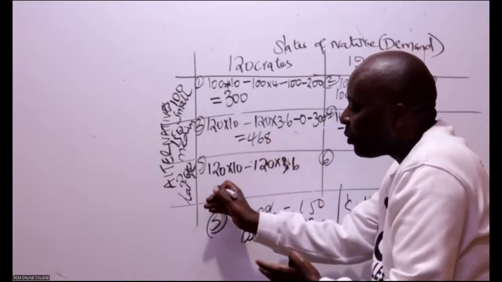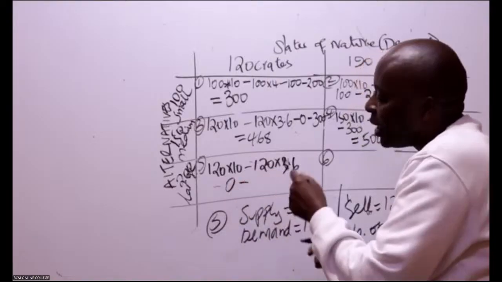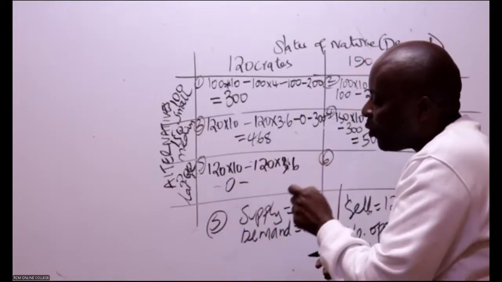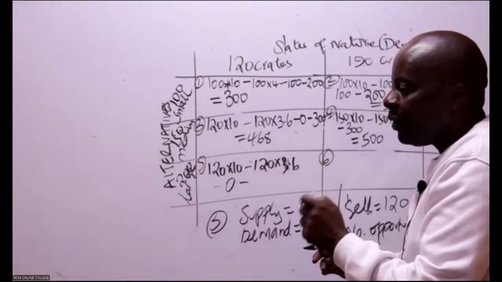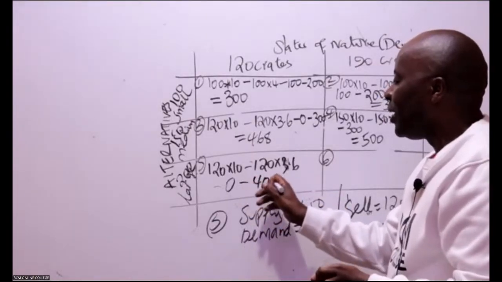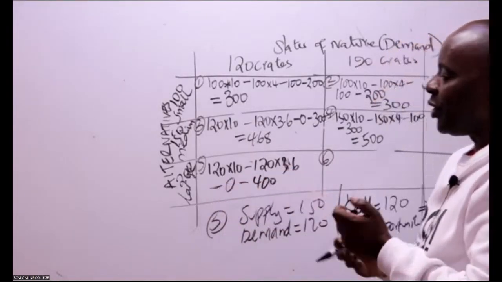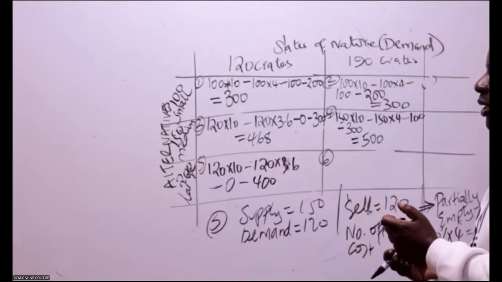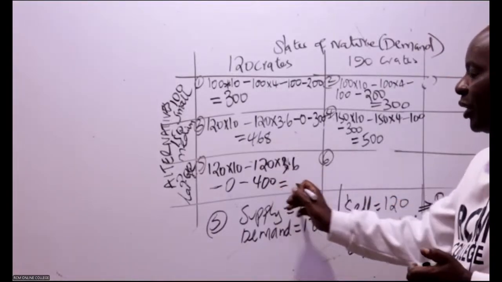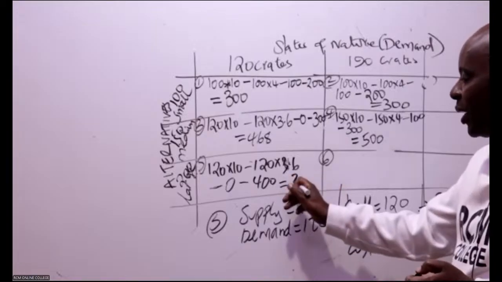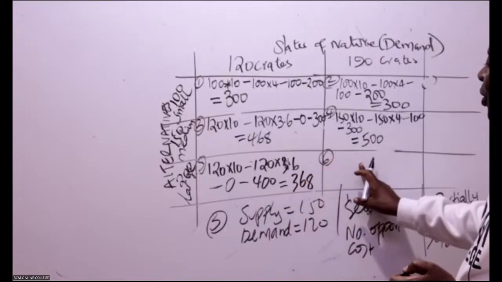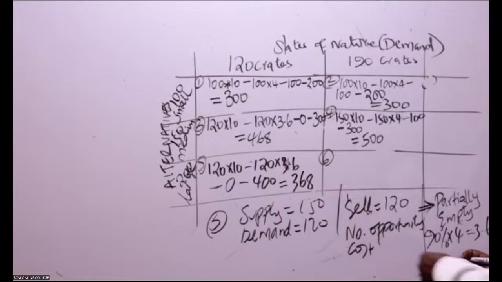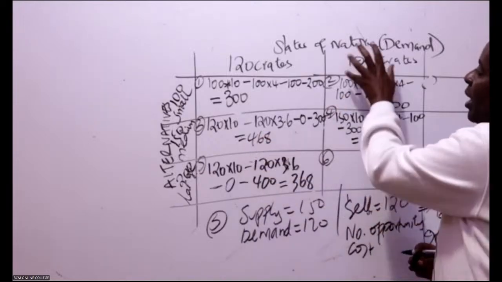So no customer is being disappointed. And then remember, these are large vans. What is the depreciation for the large van? 400. I'm putting this 0 for your revision. So this gives us what figure, ladies and gentlemen? This gives us 368.